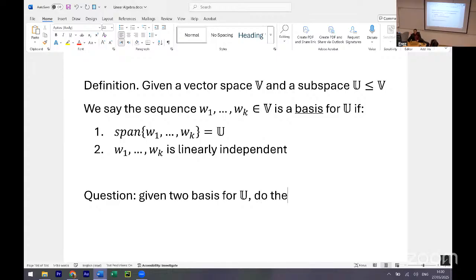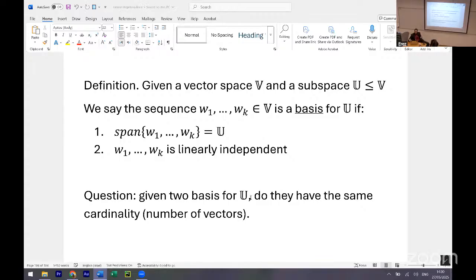Do they have the same cardinality? Meaning the number of vectors. I'm asking, do they have the same amount of vectors? Could it be there is a basis with two vectors and another basis with three vectors?